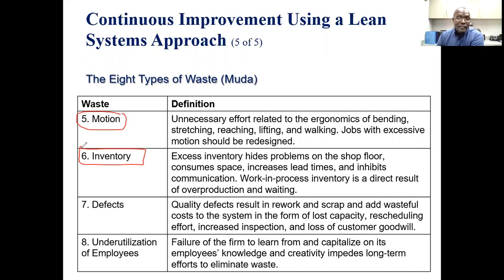Or if it's excess end product inventory, then it's just money sitting there waiting for a customer to hopefully purchase the product. Okay, so this is one place that, because of the focus on cost reduction, companies that have an inventory strategy will focus on figuring out how much inventory we actually truly need to satisfy production and to satisfy the end customer.